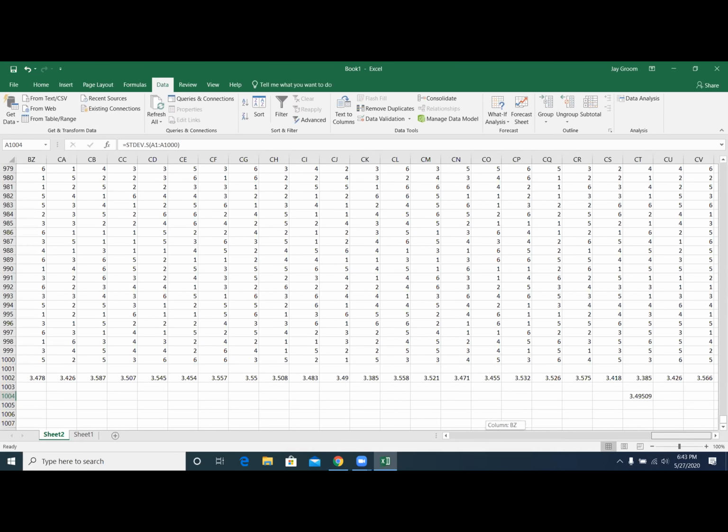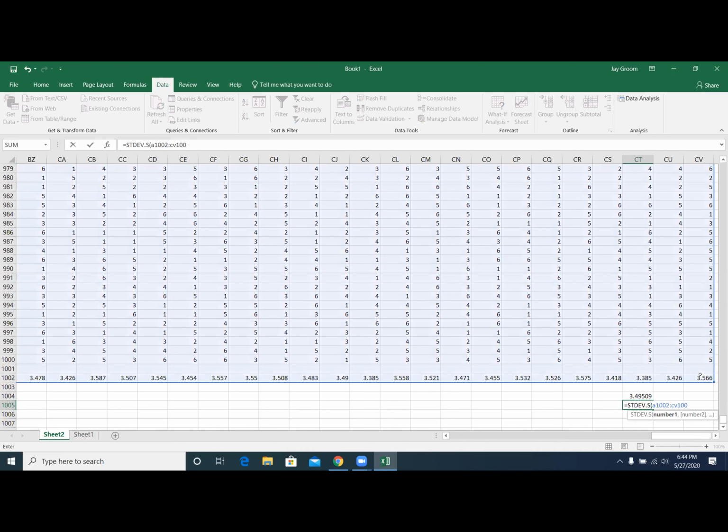Now, what I'd like you to see is this. What if I found the standard deviation of all this data that I just found? In other words, if I go from A1002 colon CV1002.